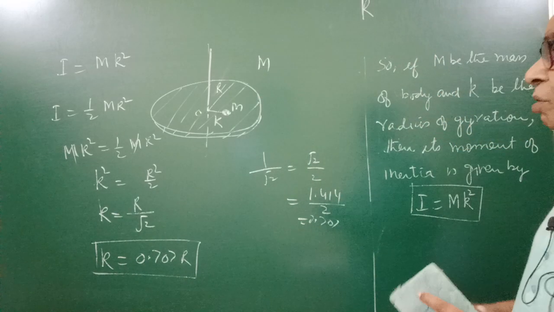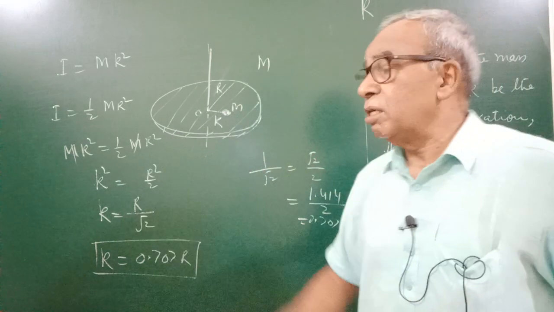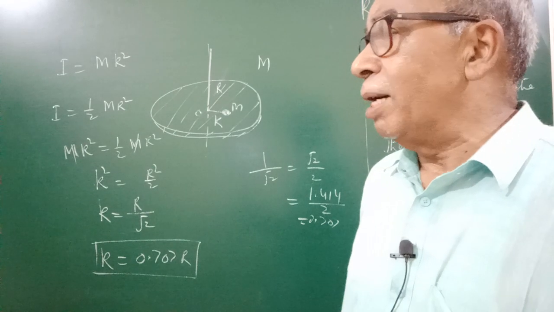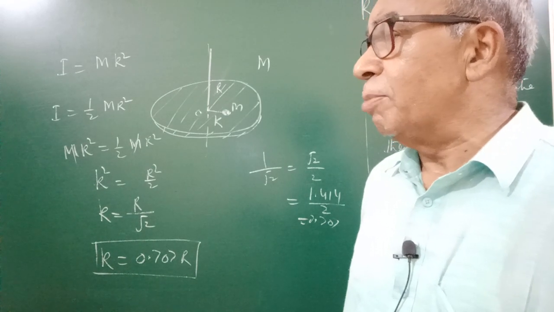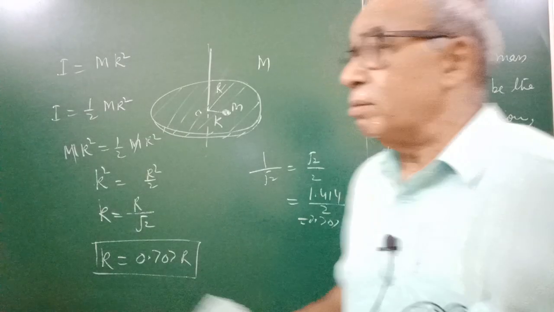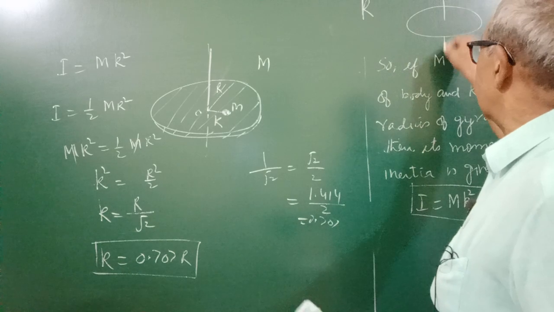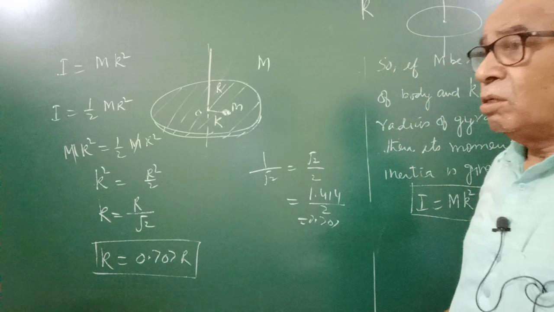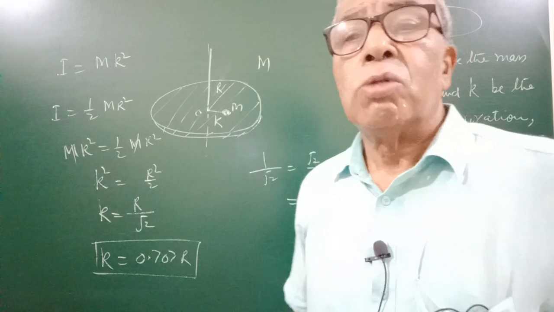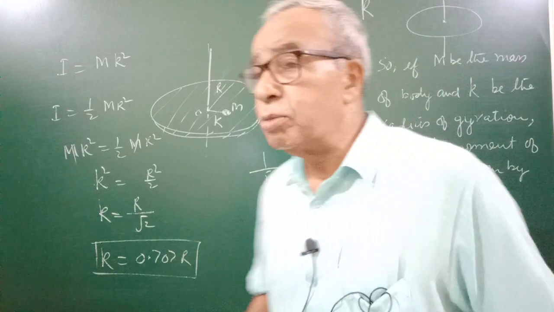I mean, it is denoted by k. So in case of a disk it is this. In case of a ring, as I told you in the previous video, I is equal to mr square, or I is equal to mk square. So k is equal to r for a ring, when the body rotates about an axis passing through the center normal to the plane. So this is the definition of radius of gyration.